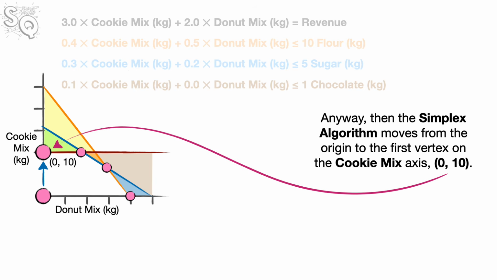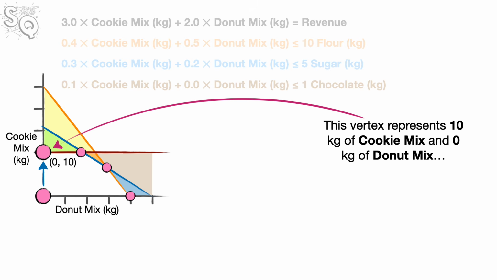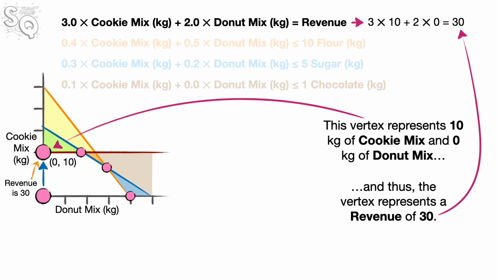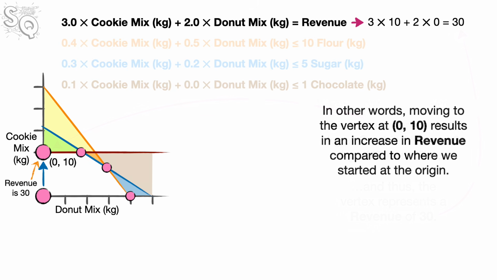Anyway, then the Simplex Algorithm moves from the origin to the first vertex on the cookie mix axis, 0, 10. This vertex represents 10 kilograms of cookie mix and 0 kilograms of donut mix. And thus, the vertex represents a revenue of 30. In other words, moving to the vertex at 0, 10 results in an increase in revenue compared to where we started at the origin.